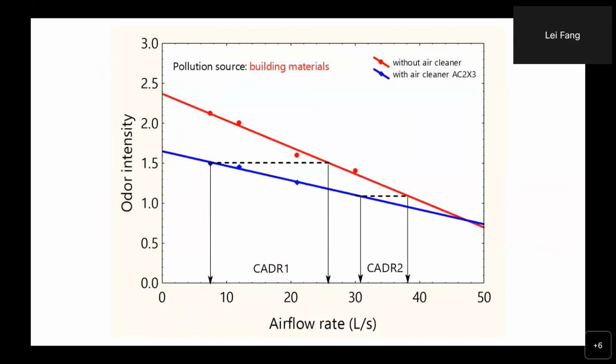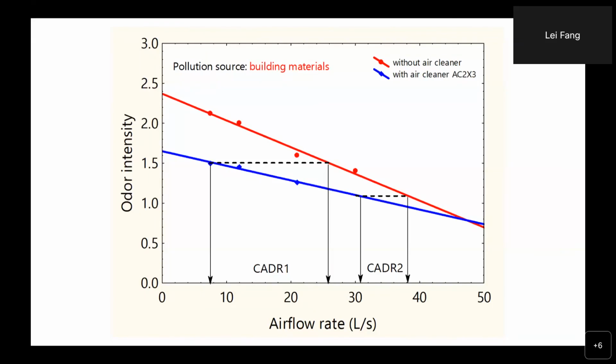When we compare the results to summarize whether the air cleaner can be used to replace ventilation, we calculate the CADR. This curve shows odor intensity in relation to the airflow, the ventilation rate. The red curve shows the odor intensity in the room without air cleaner, and blue shows the odor intensity in the room with air cleaner.